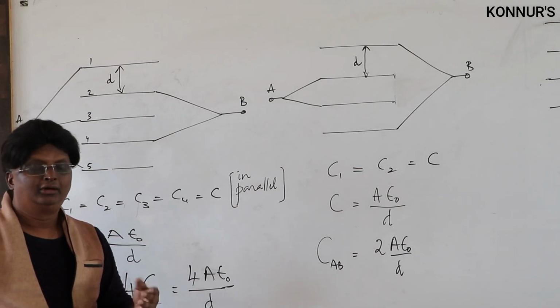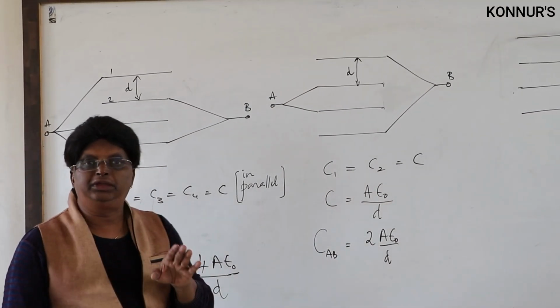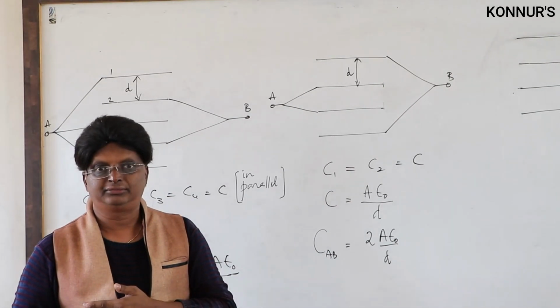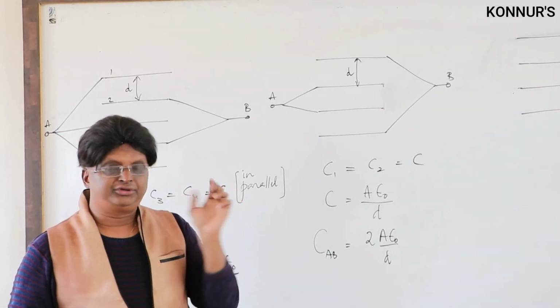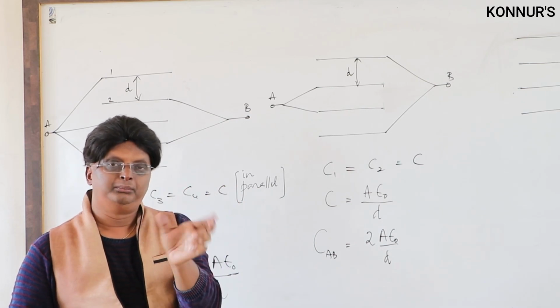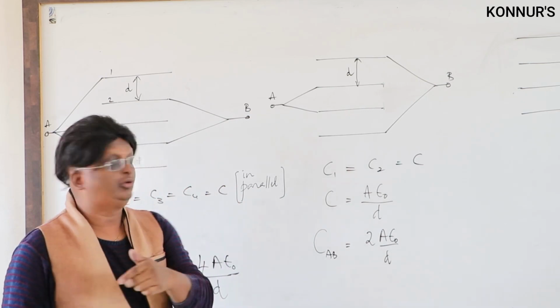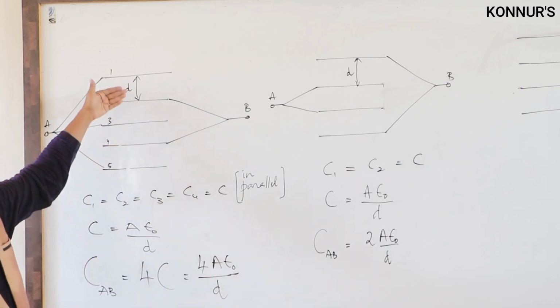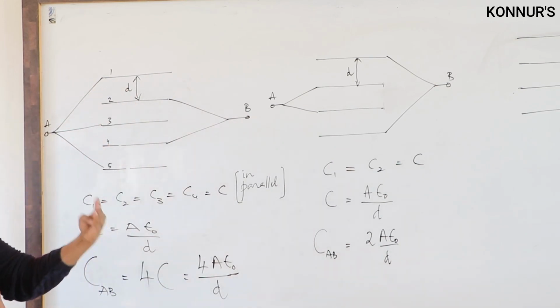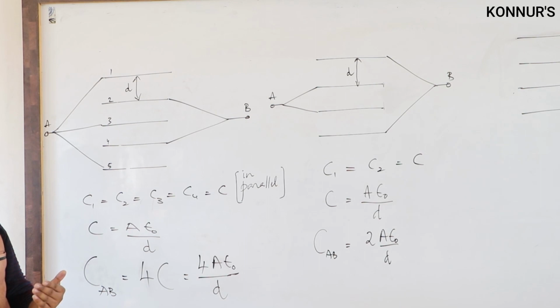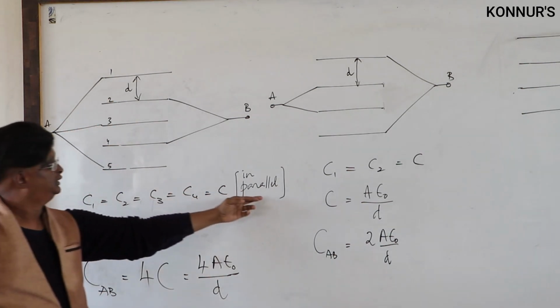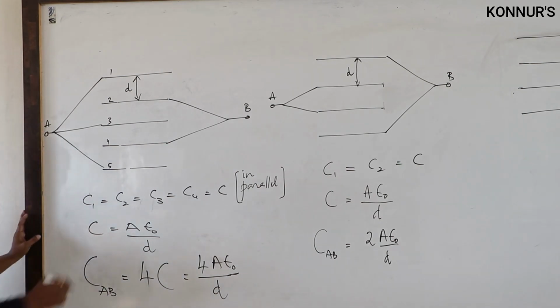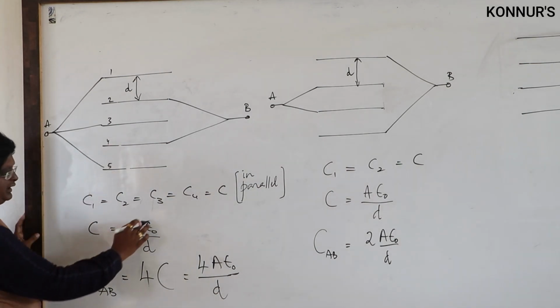You will find they are all arranged between common potential points. Remember our definition of parallel arrangement: common PD, connection between common potential points. So out of 5 plates we are getting 4 capacitors, each of the same capacity, and the arrangement is parallel. That's what a parallel arrangement is. Each of them has a capacity of A epsilon naught by D.